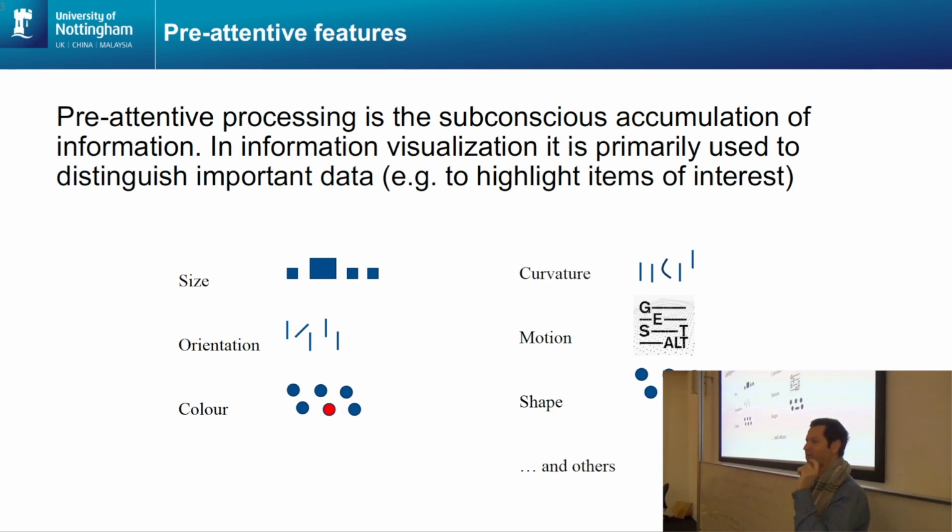You'd be able to answer false even though you saw the image for less than half of a second. Your visual system works so fast at that kind of task that you don't have to think about it. And it's the same with orientation, color, curvature, motion, and shape.